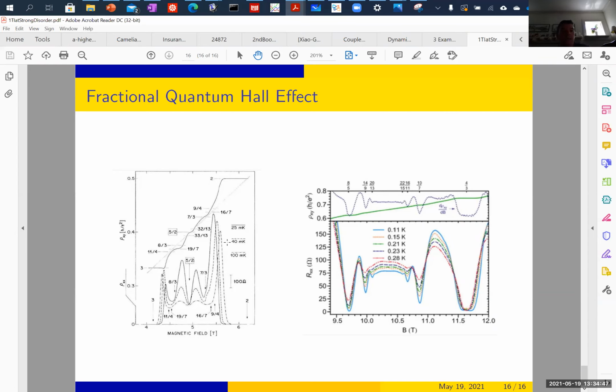So the reality is that we have no explanation for the emergence of these critical points.